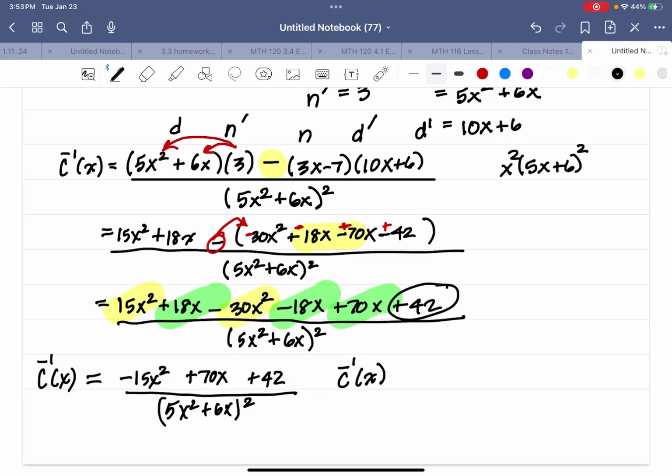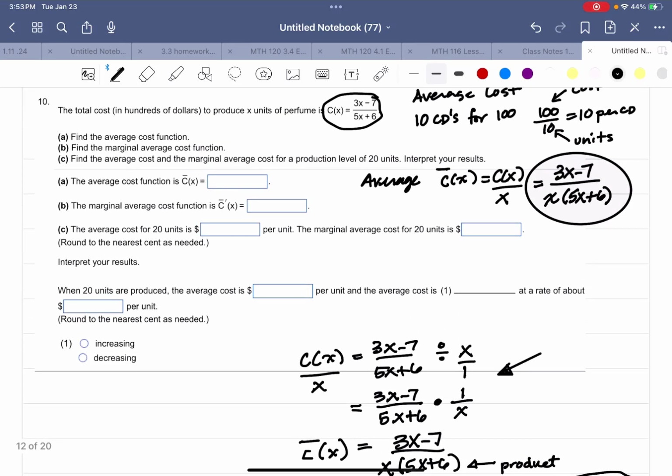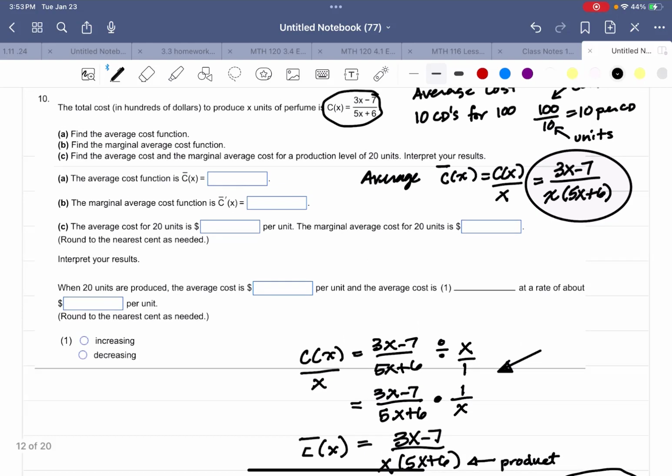Now they did give us some more specifics. We're going to use this formula. Let me go ahead and write this marginal average cost function, and remember, marginal just means derivative.